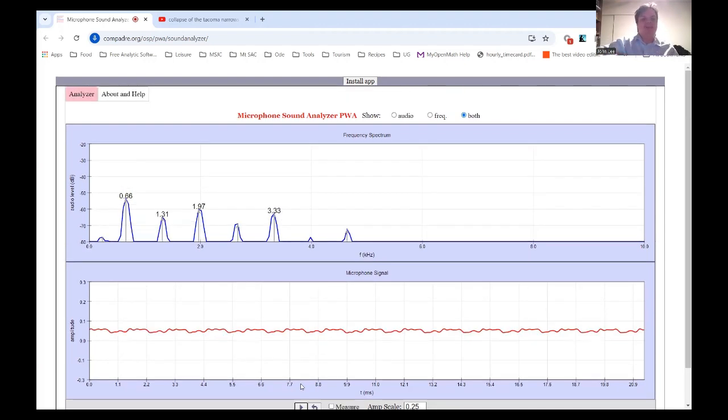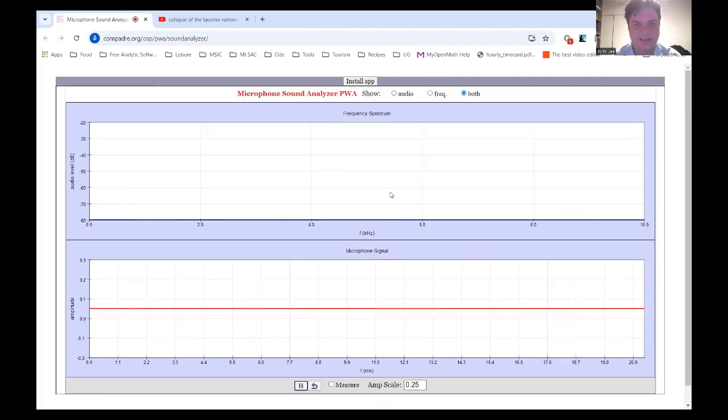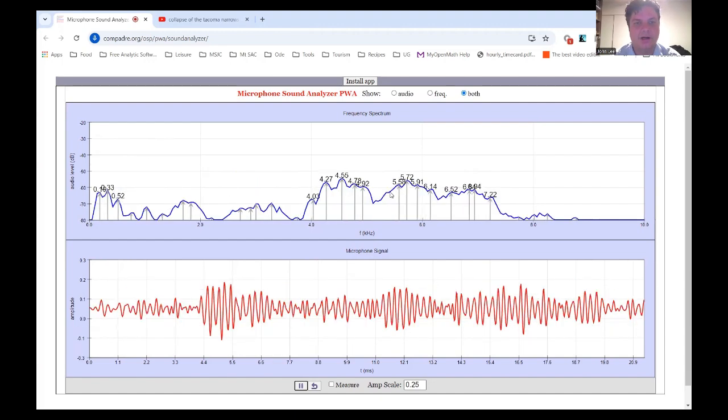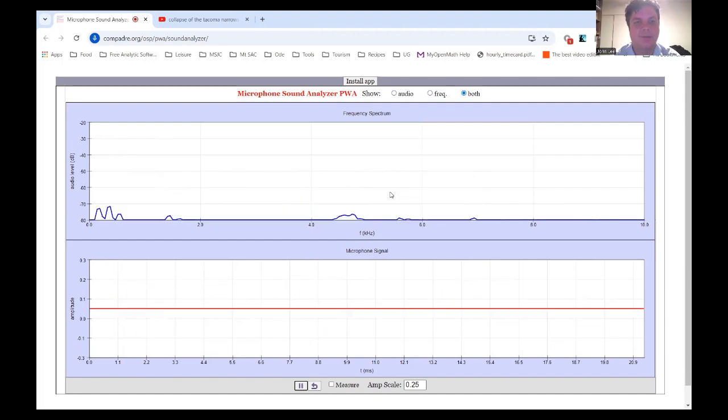You'll see that instead of repeating every 0.33 kilohertz, it repeats every 0.66 kilohertz. This note, which has half as much wavelength, is still called the same note. It's just up an octave.